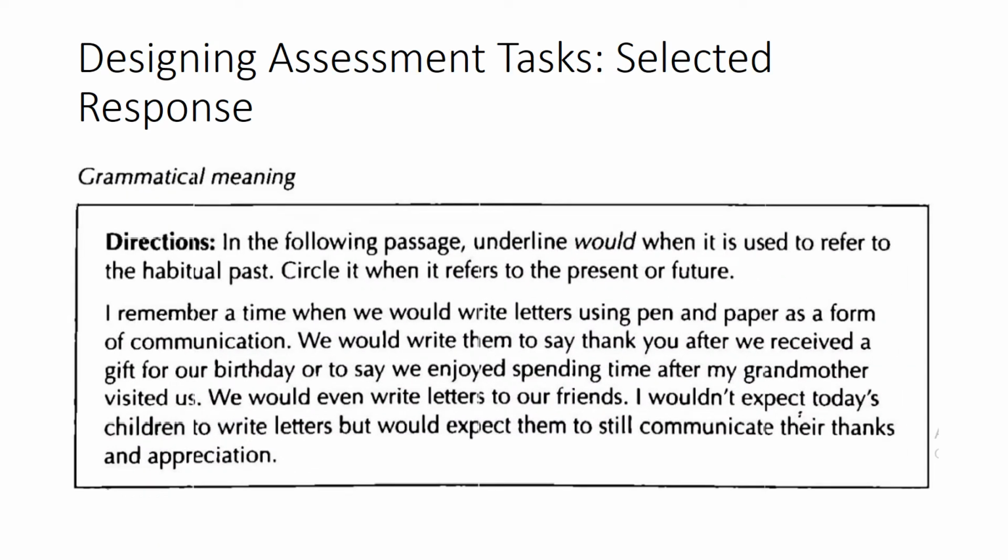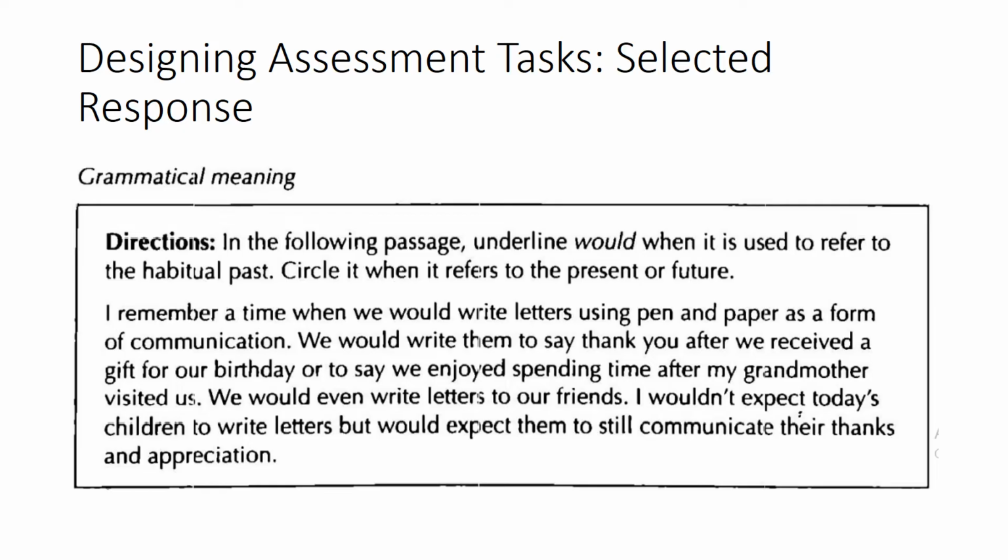here the teacher is giving his students a passage which comes in the form of a short paragraph, and he's asking them to read this passage carefully and underline the auxiliary with. You know that with can have different meanings. So here he wants them to underline with when it is used to refer to the habitual past, and circle it when it refers to the present or future.